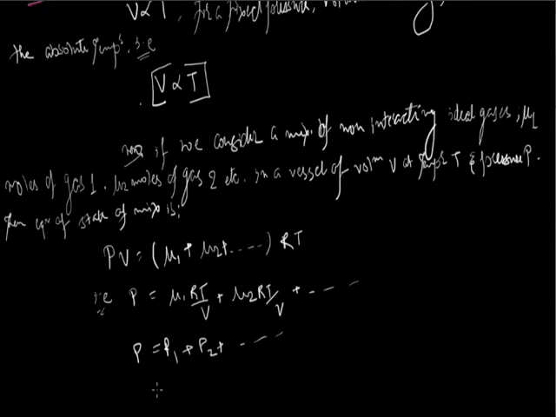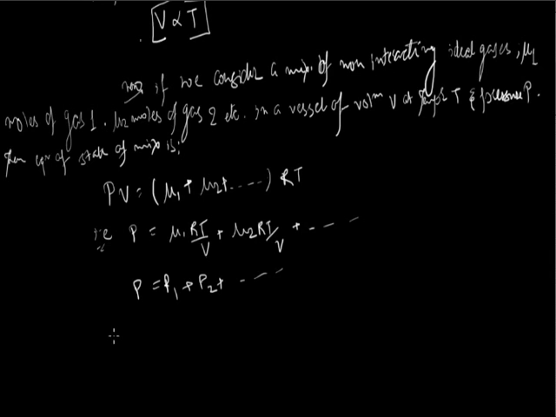Clearly, P1 = μ1RT/V is the pressure of gas 1.